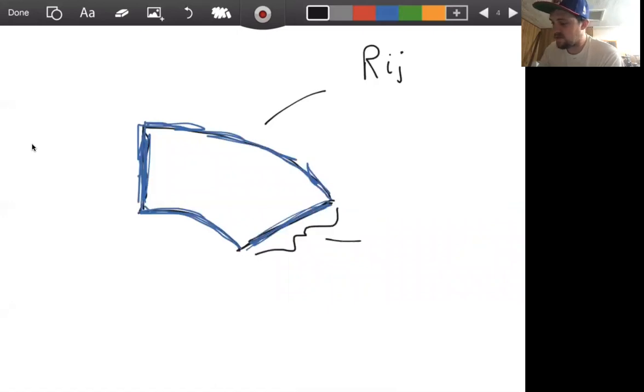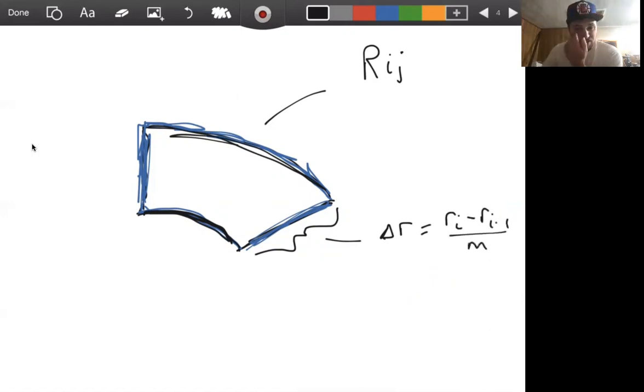Well, this is our change in R, because we're going from R_{i-1} to R_i. And so this is (R_i - R_{i-1}) over m, because we've partitioned this interval m times. And this is delta R.